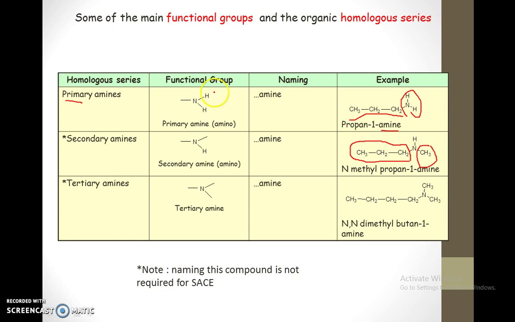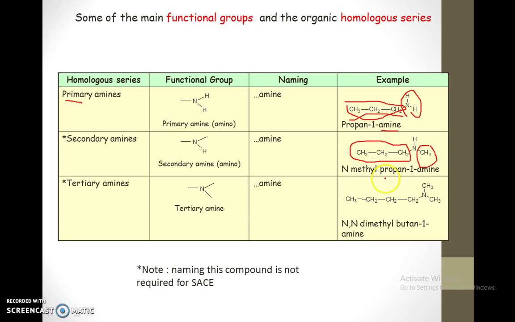For the primary amines, there is only 1 alkyl group, and there are 2 hydrogens.